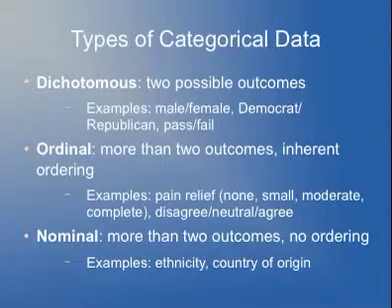So you can order those, but they're still not quantitative. Then you can have nominal categorical data, which has more than two outcomes, and it isn't ordered. For example, ethnicity, country of origin, because you wouldn't want to order those. There's no value associated with them.